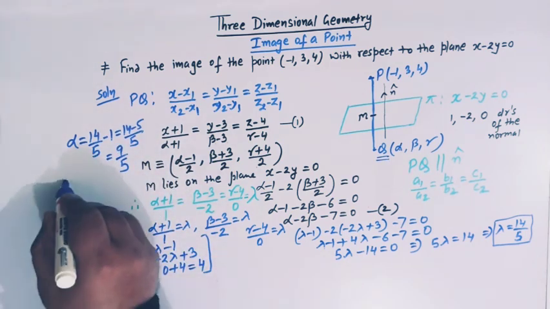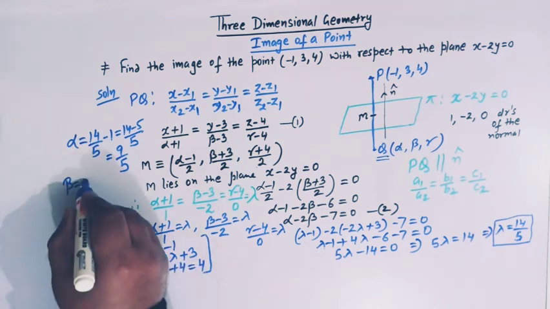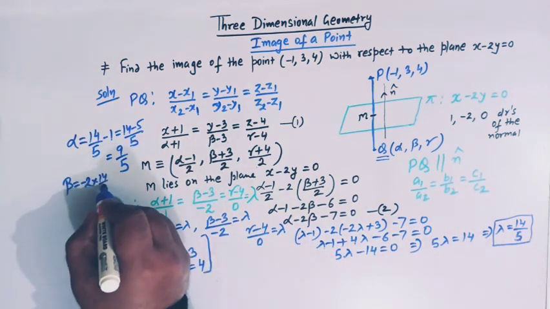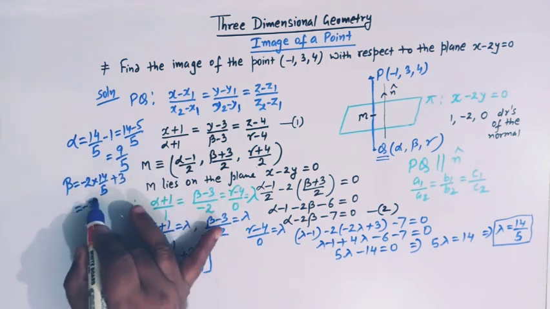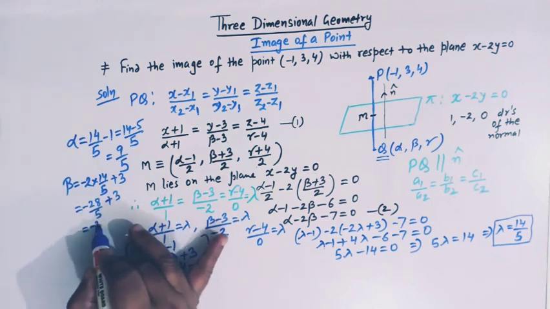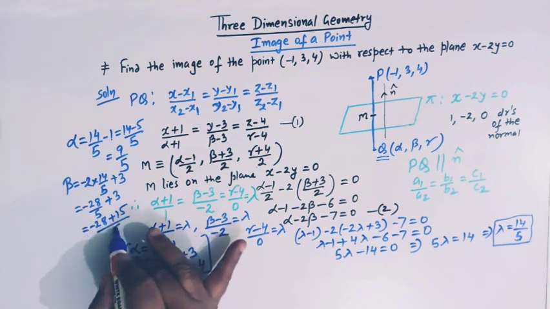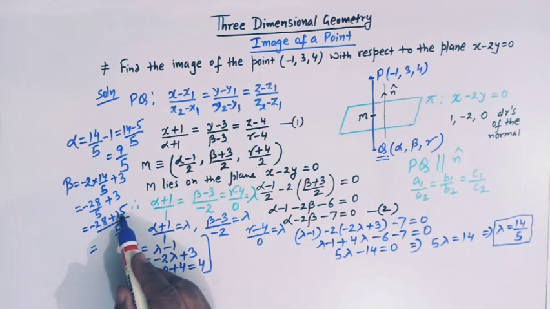Similarly, beta is minus 2 lambda plus 3, so we have minus 2 times 14 over 5 plus 3, that is minus 28 over 5 plus 3, which is (minus 28 plus 15) over 5, and this is equal to minus 13 over 5.